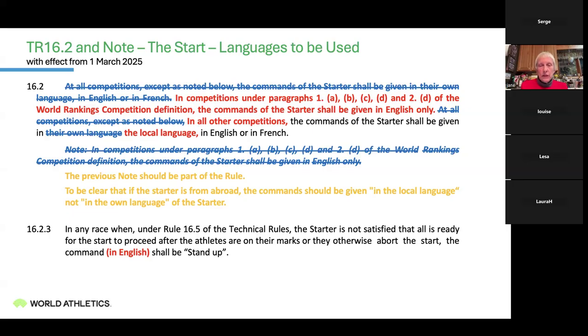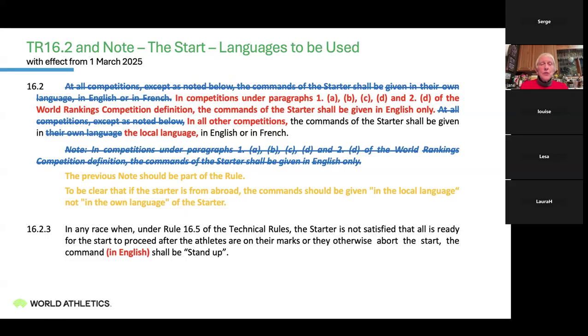It's the local language. Or in the case of the Tokyo World Championships last year, well, not the World Championships, but in a smaller meet, in a test event, you might be able to speak in Japanese, but you can't come in there and speak in Portuguese.